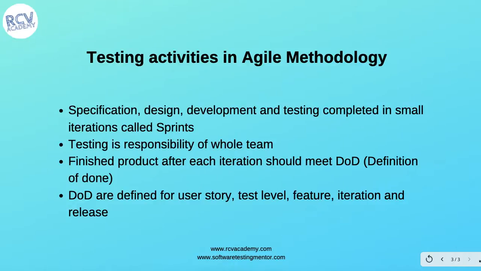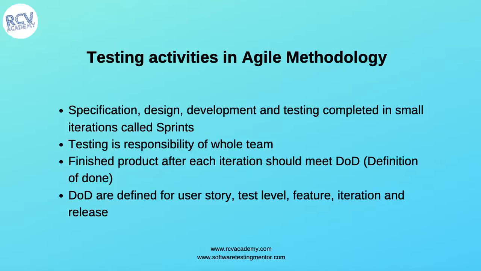In Agile, specification, design, development and testing are all completed in small iterations called sprints. Sprint is a term we use in the Scrum development methodology, which is one of the Agile development methodologies. In Agile, there are multiple sprints in which you take the stories that need to be developed, in a 2 to 4 week cycle.